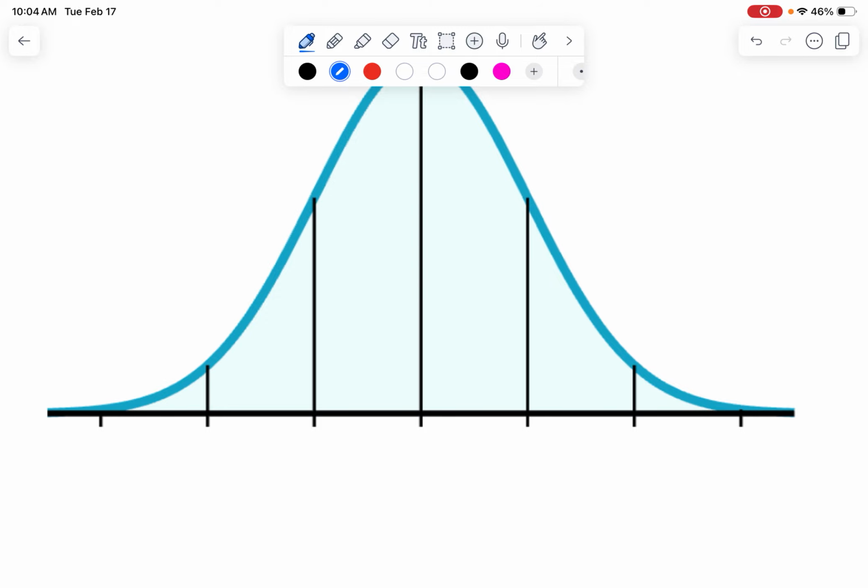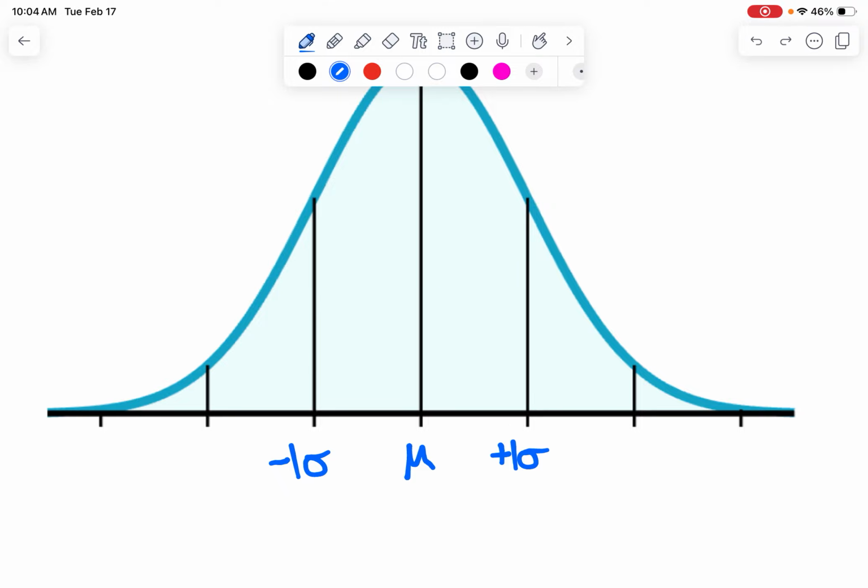This is our mean, and then this will be plus 1 standard deviation, the sigma, and this would be minus 1 standard deviation, right? This distance here is 1 standard deviation. This is 1 standard deviation.